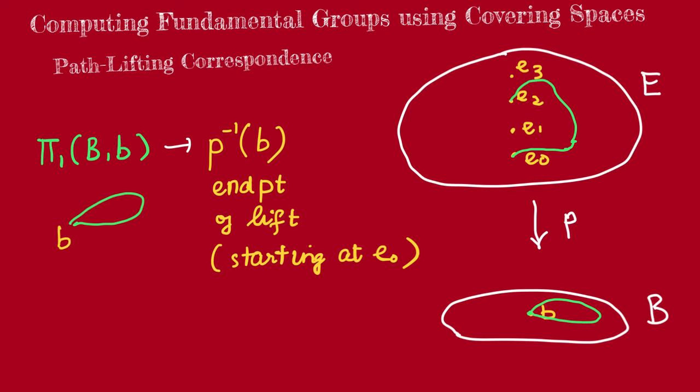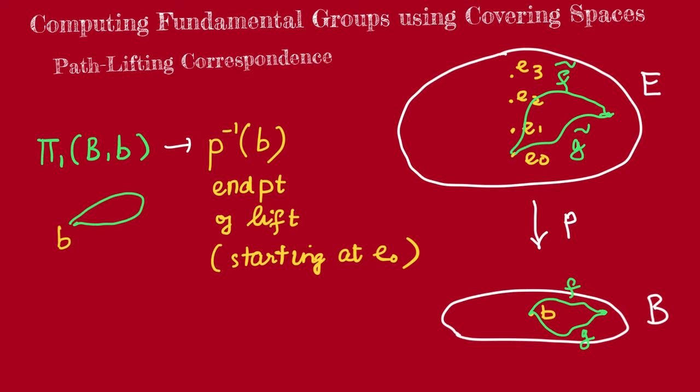Well, now naturally you should have stopped me and asked a very natural question, right? Because the elements of the fundamental group are only defined up to homotopy, is this map well defined up to homotopy? Luckily the answer is yes, and this comes from the following more general property. If we have two paths down here that are path homotopic and share the same endpoints, then they will lift to path homotopic paths that have the same endpoints.